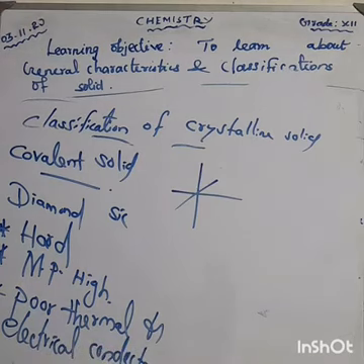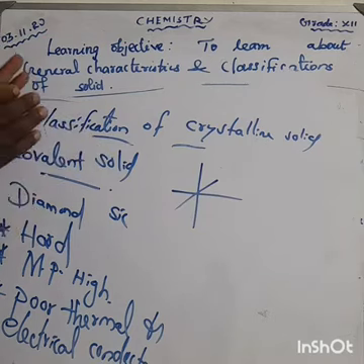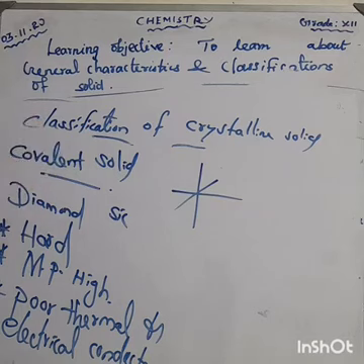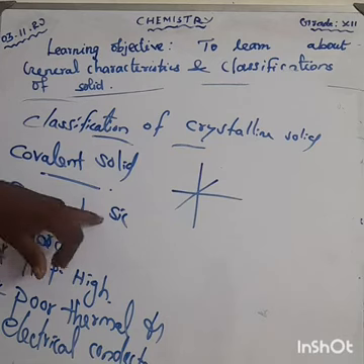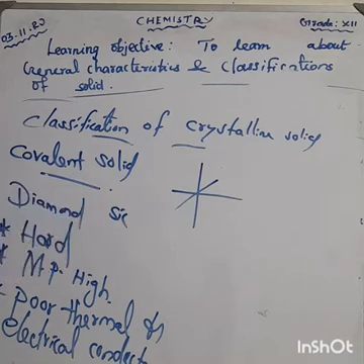Okay, these are about the covalent crystals, otherwise called covalent solid. Here the constituents, that means atoms, are bound together in a three-dimensional network by covalent bonds. The examples are diamond and also silicon carbide.